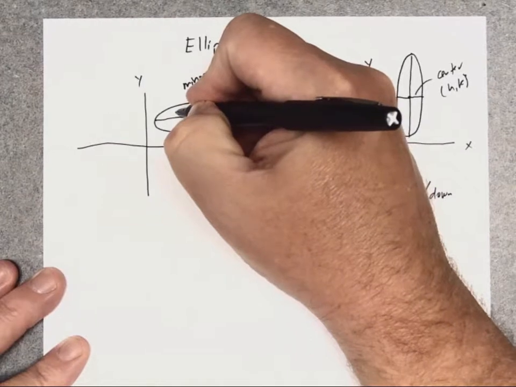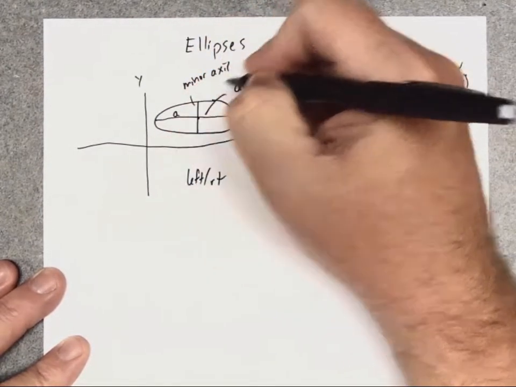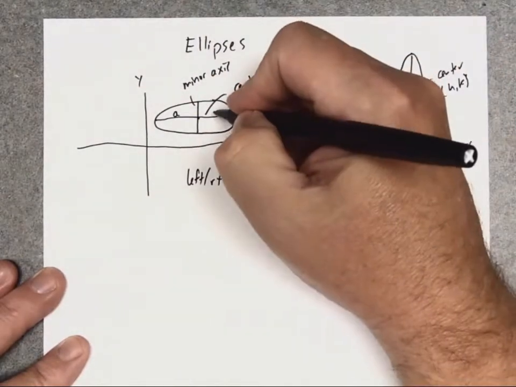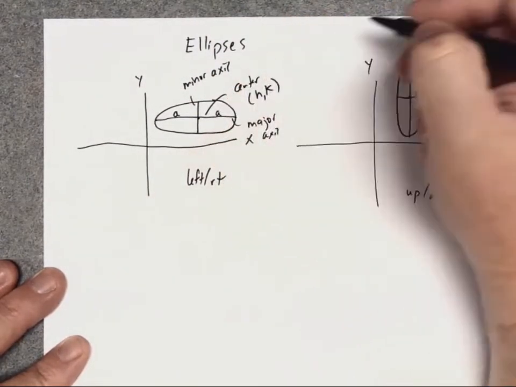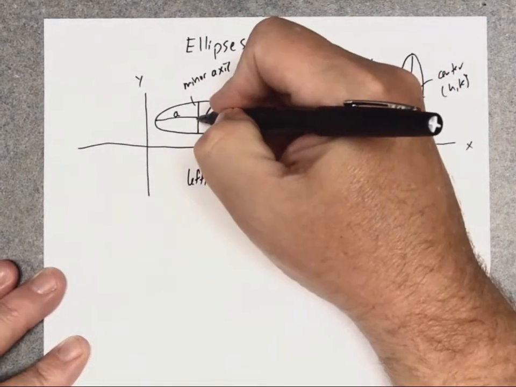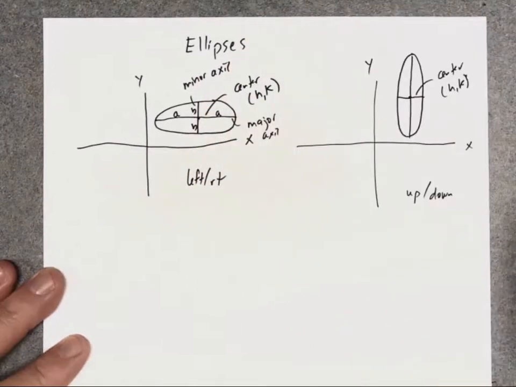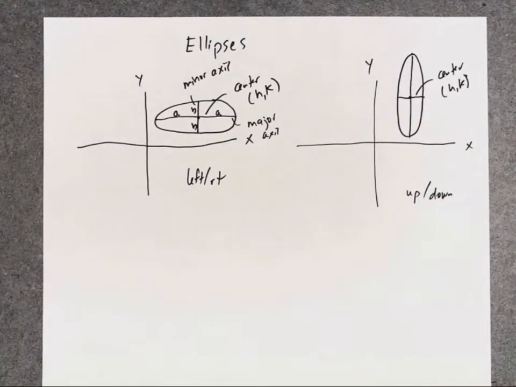And the distance from the center of the ellipse to one edge on the major axis is called a. So obviously this one is also a. And then the minor axis, the distance from the center to the top is b, and to the bottom is b.